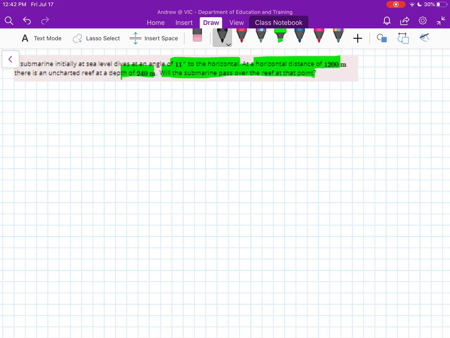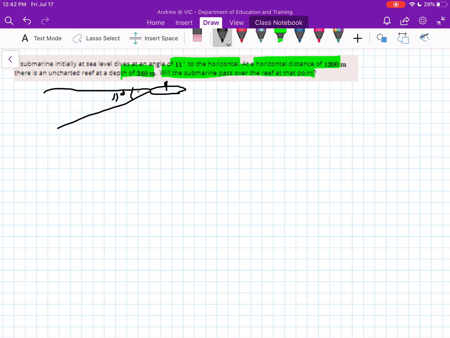First, we've got our submarine up here. Okay. Forgive my horrible drawings. There we go. Alright, and it dives at an angle of 11 degrees to the horizontal. So if the horizontal's here, dives at 11 degrees.